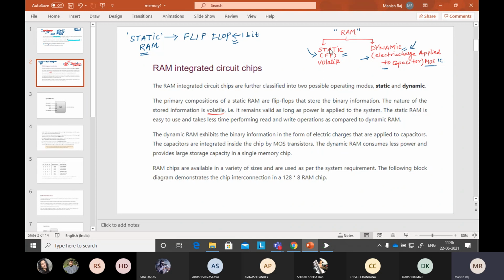So the mechanism to store the bit is different in the static RAM and the dynamic RAM.